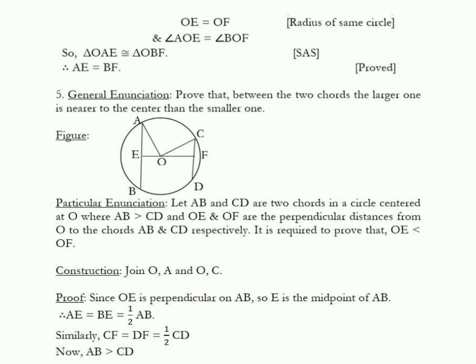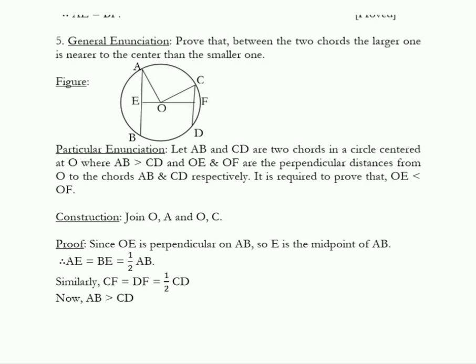So here it is already given that OE and OF are the perpendicular distances from O to AB and CD. It is required to prove that OE is less than OF. That means the distance from O to E is less than the distance from O to F. Construction: join OA and OC. Since OE is perpendicular to AB and OF is perpendicular to CD, we can write AE equals BE equals half of AB, and CF equals DF equals half of CD.